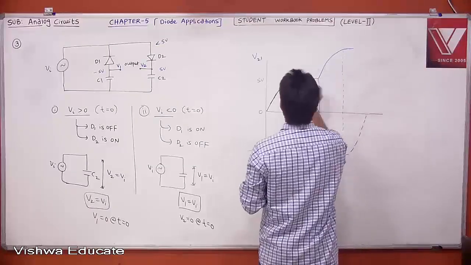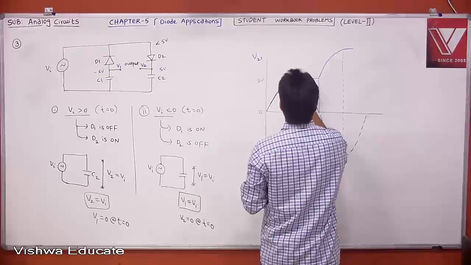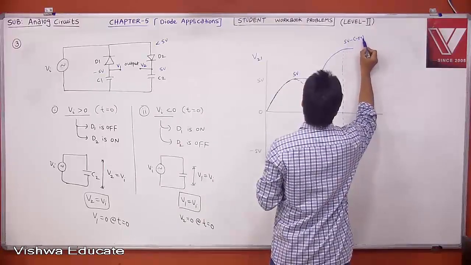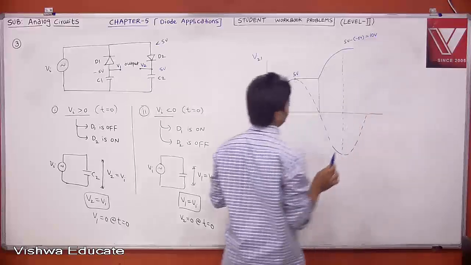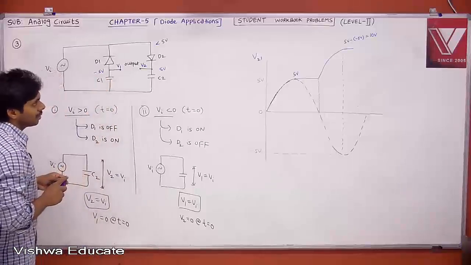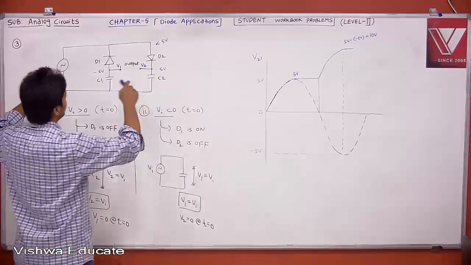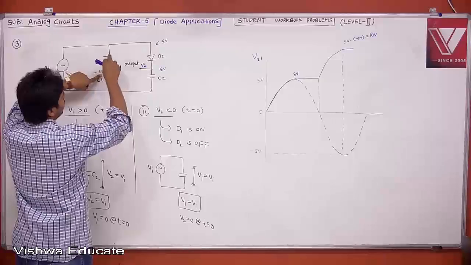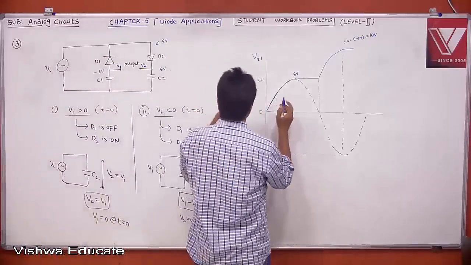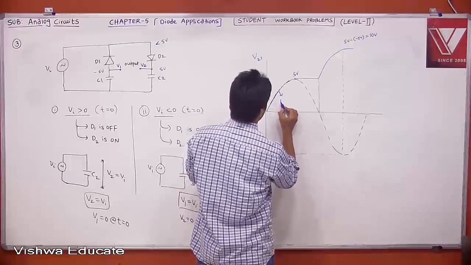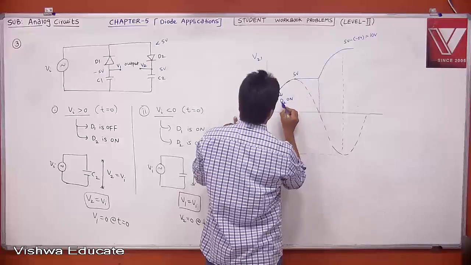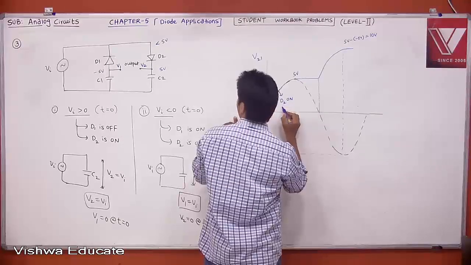Now where did you go? 5. Now this is 5 volt. Now actually this is nothing but 5 volt minus of minus 5 volt, which is nothing but 10 volt. It will stay there. Therefore now tell me, this is 5, this is minus 5. Now again when the negative voltage is decreasing, this is minus 5, this is minus 4, your D1 is also off. When D1 is off, here your D2 is on, D1 is off only.